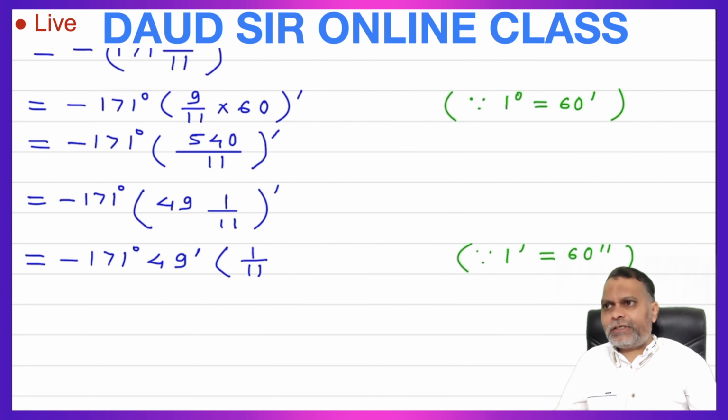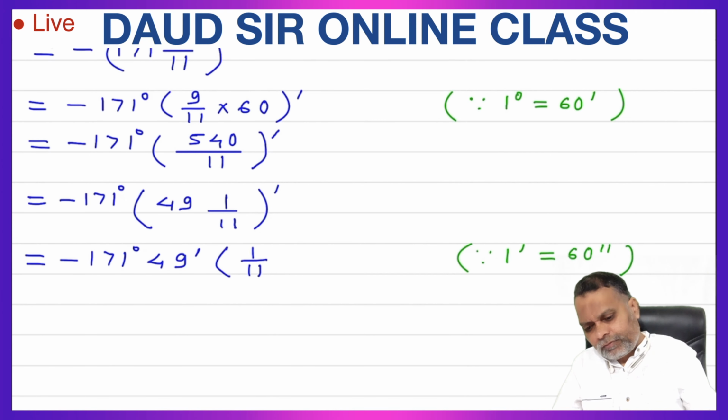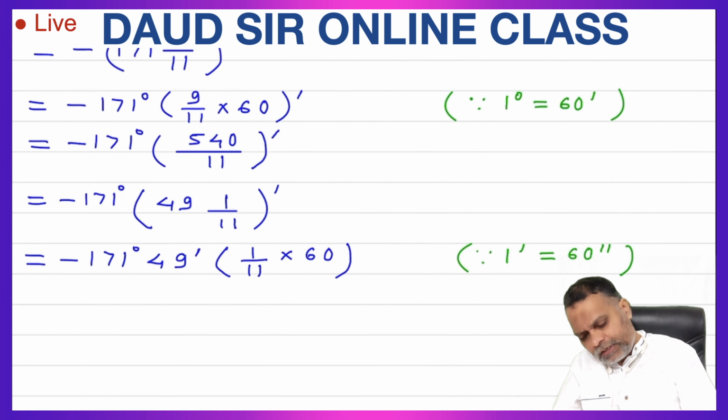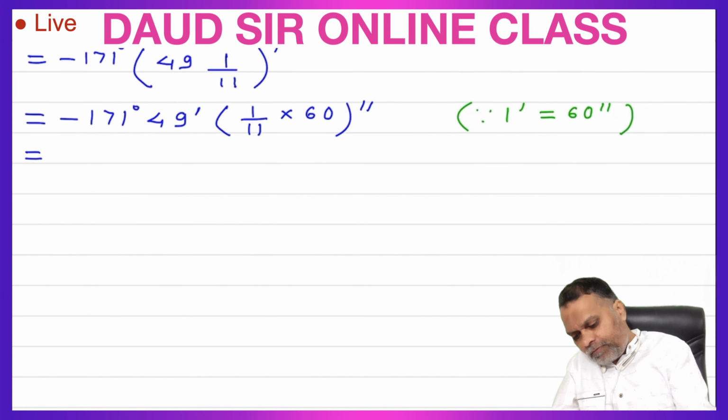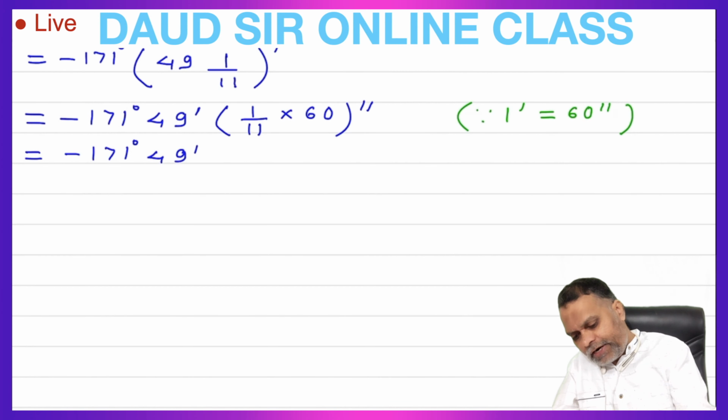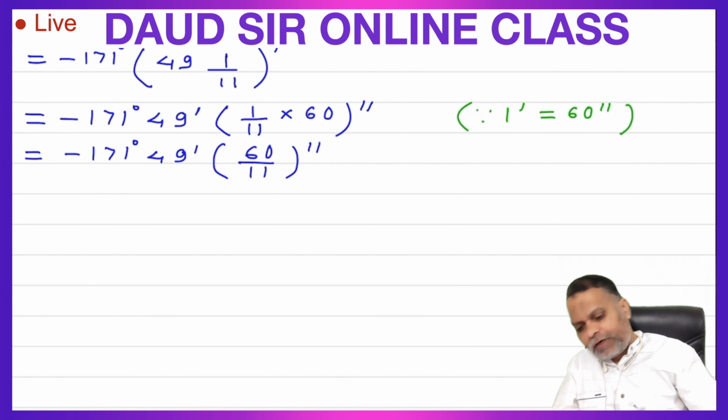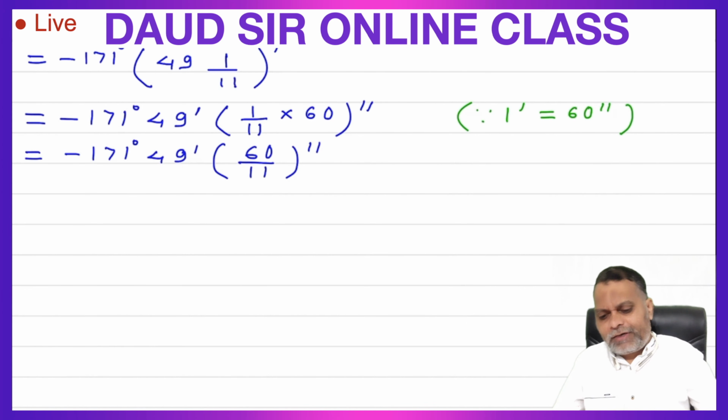In 1 minute there are 60 seconds. So for 1 upon 11 minute we multiply by 60 seconds. So this is the total second. Minus 171 degree 49 minute and 60 upon 11 seconds.